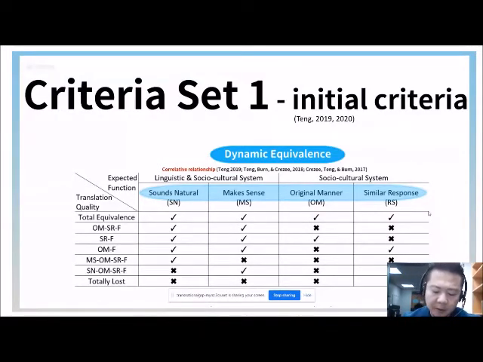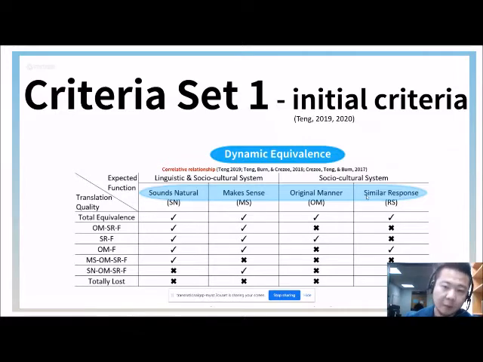So if the reader of the original text feels that they are being persuaded, for example, someone who has diabetes, and after they have read a text, they feel that, oh, they shouldn't eat too much rice, for example, then that response should be elicited through the translation as well. So these are the full elements or functions that a dynamic equivalence translation should achieve.